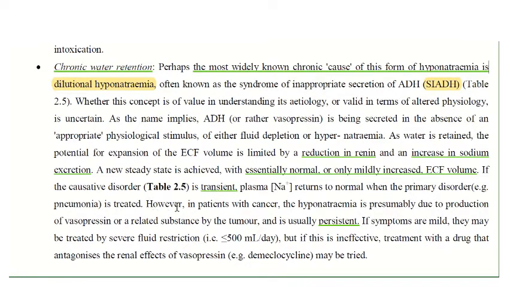However في حالات مثلا إذا patient with cancer والhyponatraemia يفترض أنه due to the production of vasopressin or related substances by the tumor and is usually persistent. في حالة راح يصير persistent.